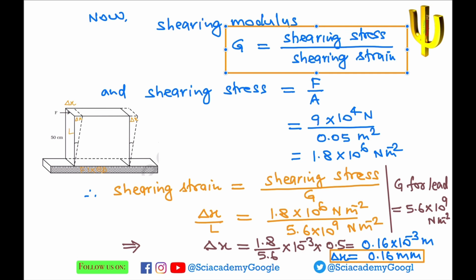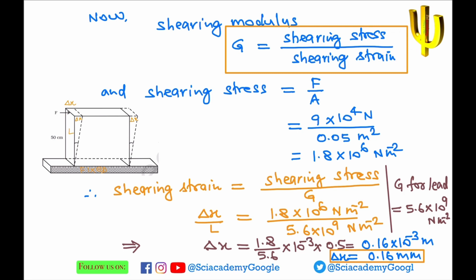The formula for shearing modulus is given as the ratio of the shearing stress to the shearing strain.